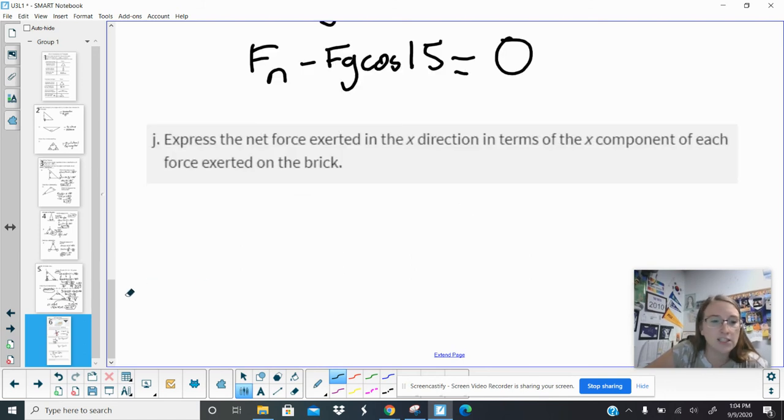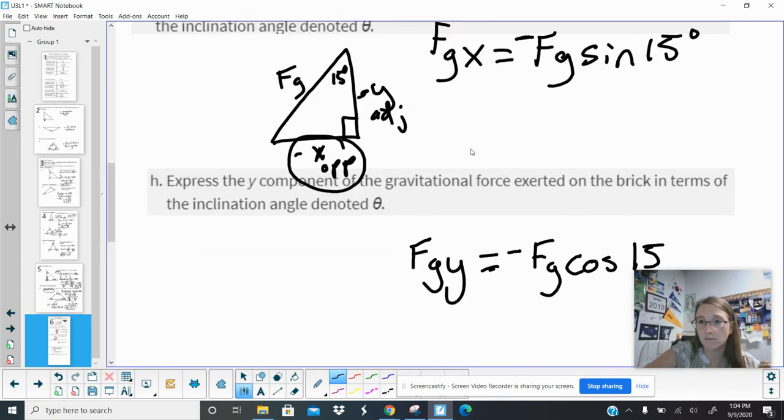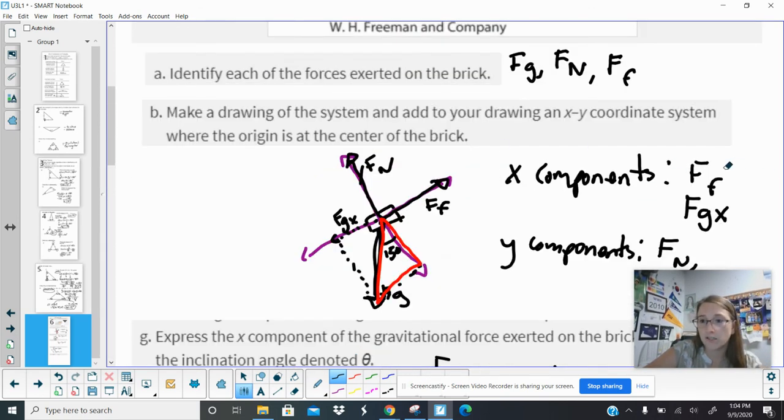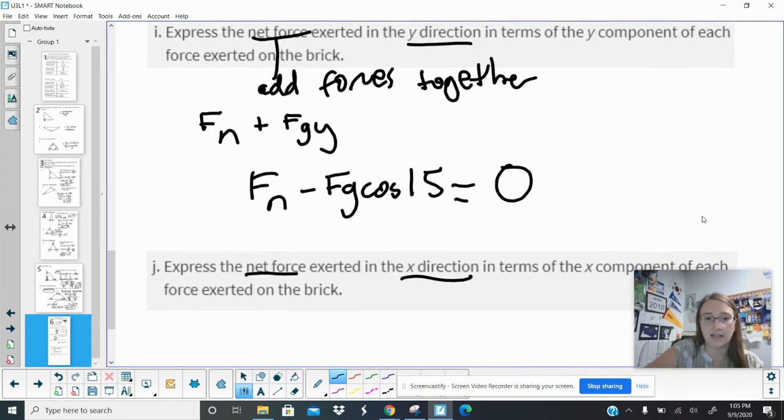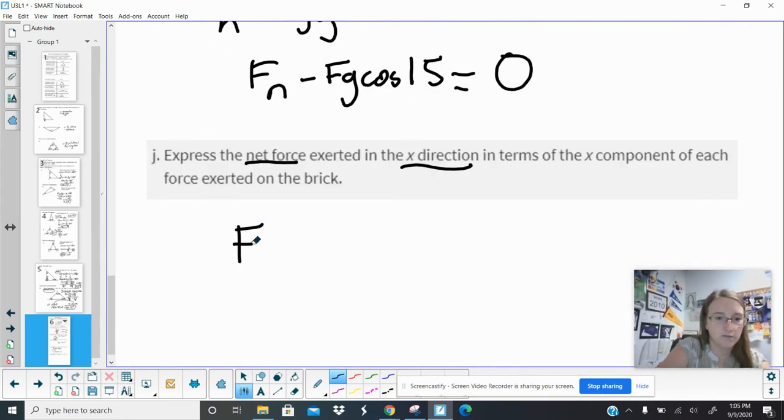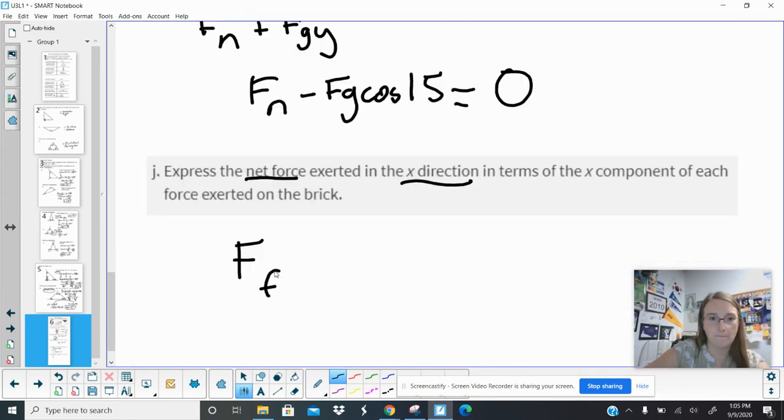So go ahead now and let's try to express the net force adding our x components together. Look back to what you have. We wrote up top what your x components are. Add them together and say what they should equal since this brick is not moving. Okay, we said our x components were the force of friction and the force of gravity in the x direction. Force of friction plus, again, the force of gravity in the x direction is what we're doing.